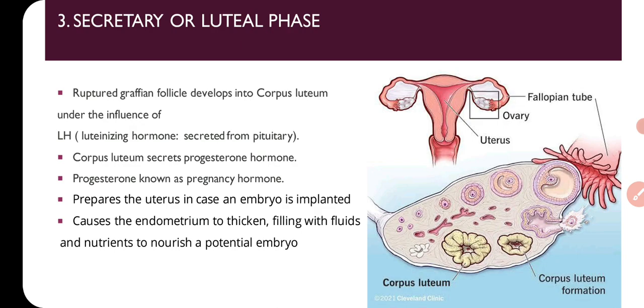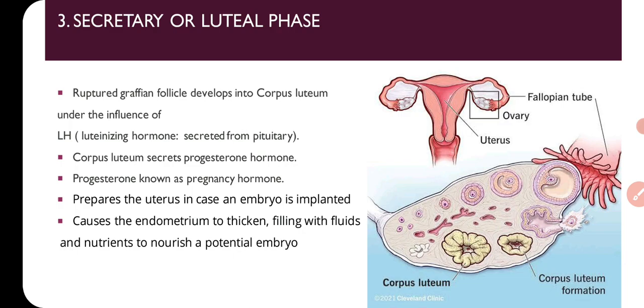So when LH, or luteinizing hormone, is secreted from the pituitary, it stimulates the ruptured Graafian follicle to develop and convert into the corpus luteum. The corpus luteum secretes the progesterone hormone, and progesterone is known as the pregnancy hormone.